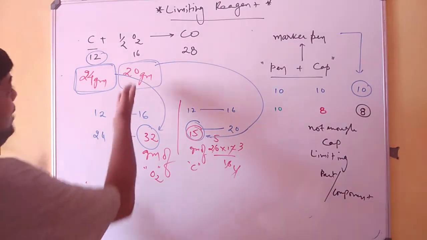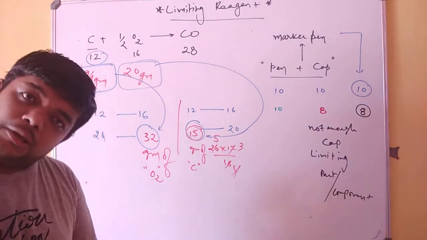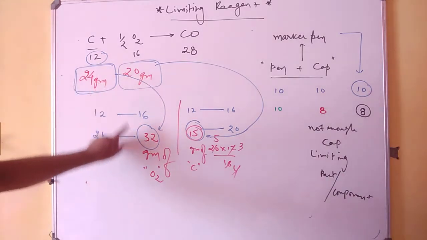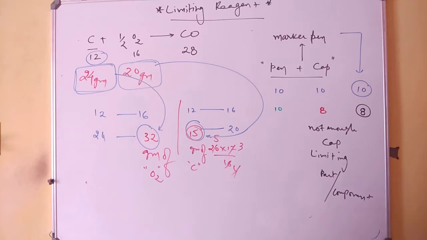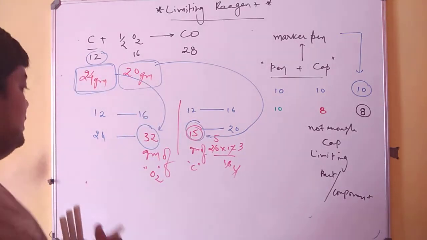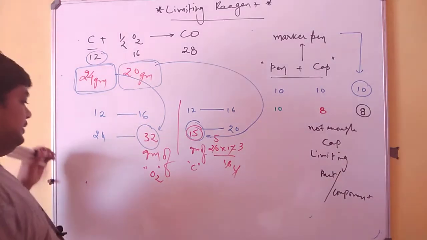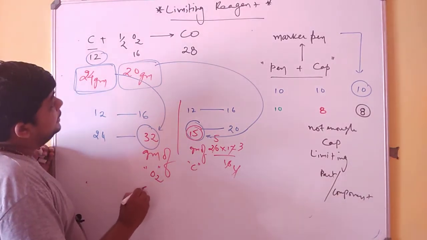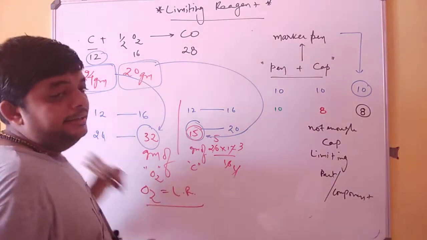So I am having 20 gram of dioxygen and 24 gram of carbon in the question. Now the carbon content that is required is only 15 gram, but I am having 24 gram. So carbon is not at all a limiting reagent, but oxygen is the limiting reagent. So over here we can say that dioxygen is our limiting reagent.